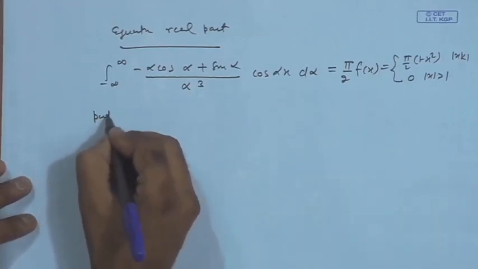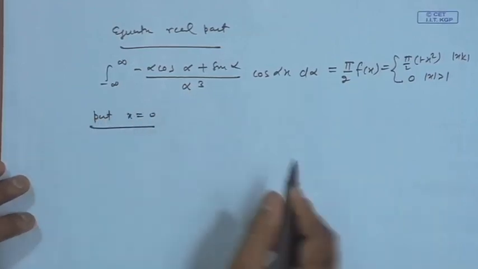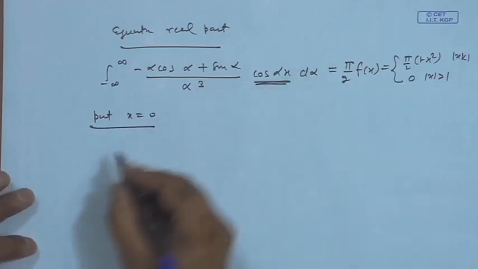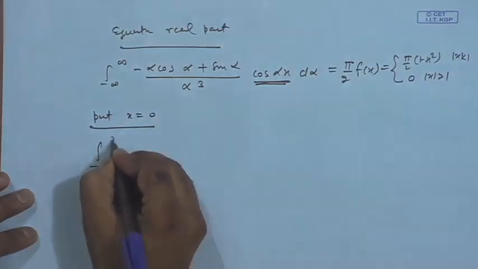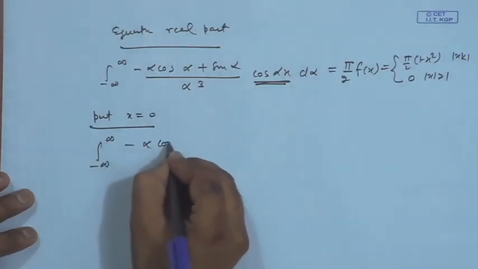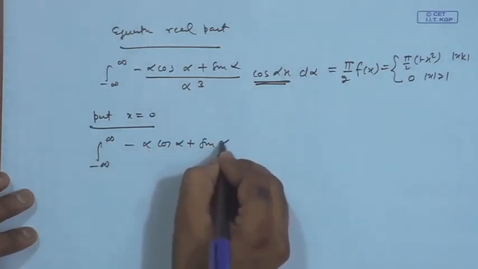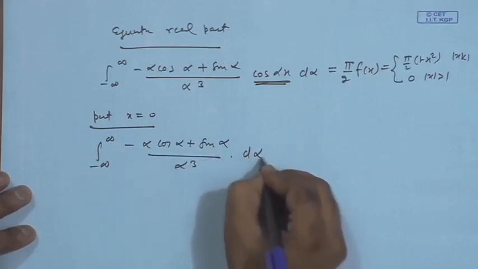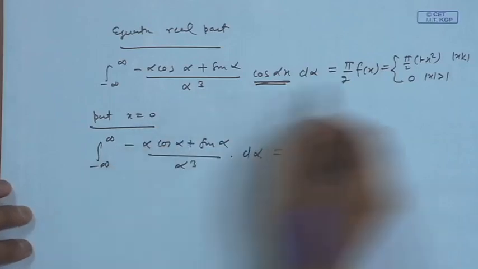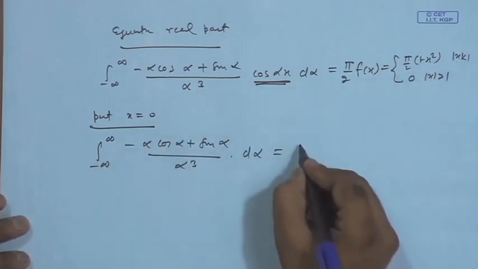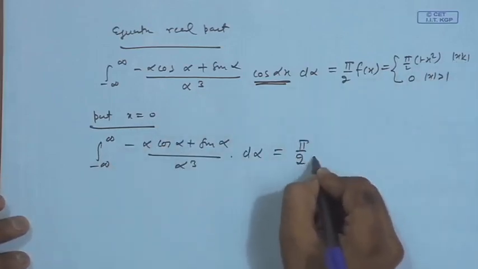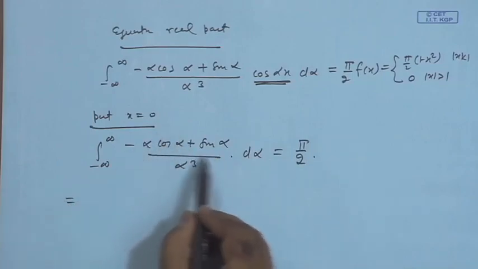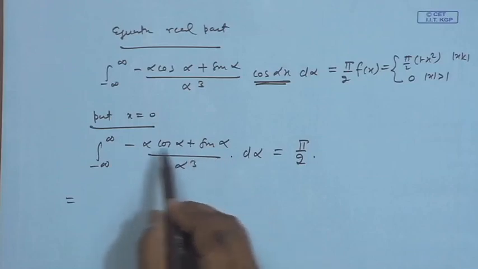So if we put here x equal to 0, this cos 0 will be 1, and we have the integral from minus infinity to plus infinity of minus alpha cos alpha plus sine alpha over alpha cube d alpha, and when x is 0, it is less than 1, so the value is pi by 2. And if we see, this is an even integrand.